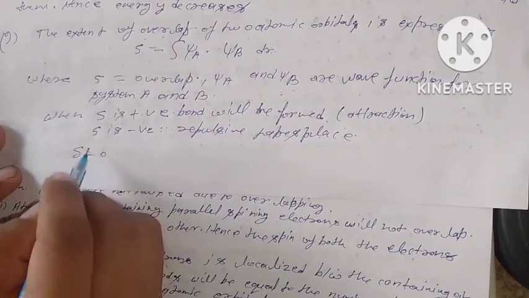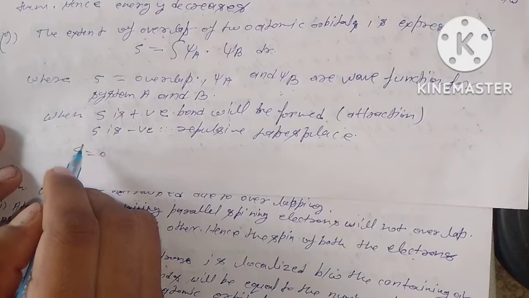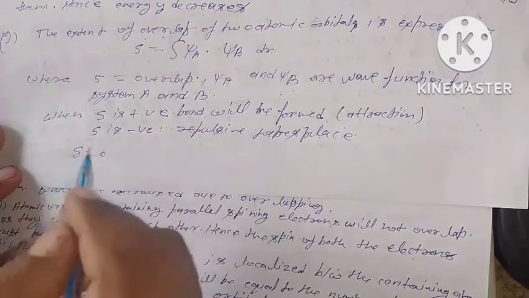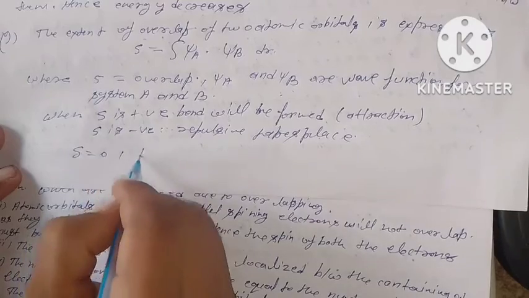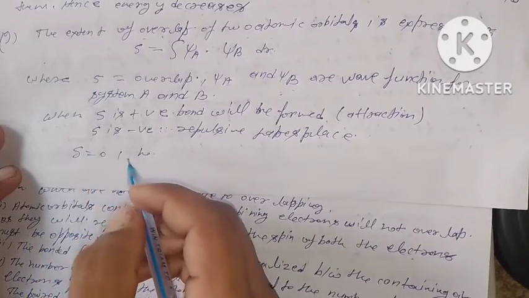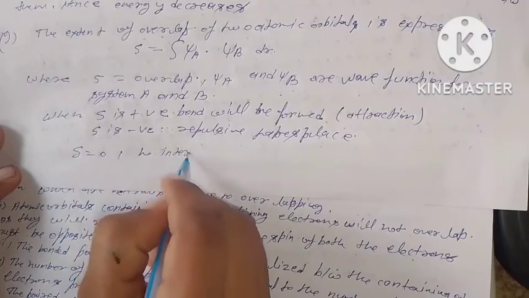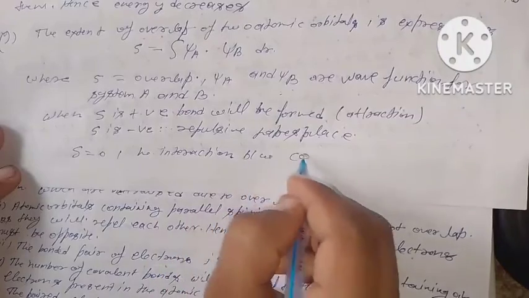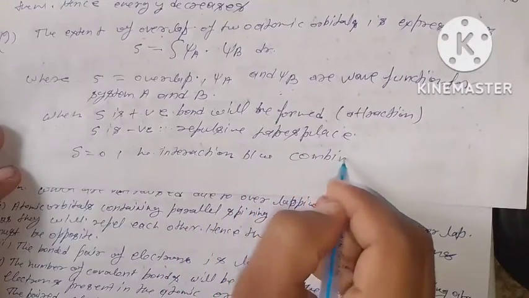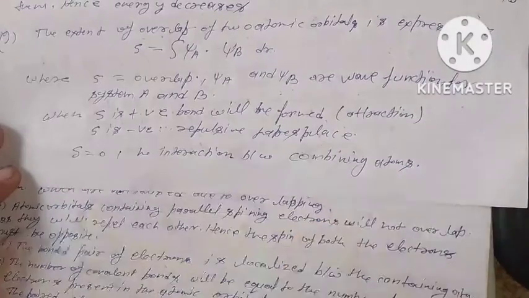And when S is 0, that means overlap is 0, then no interaction between combining atoms.